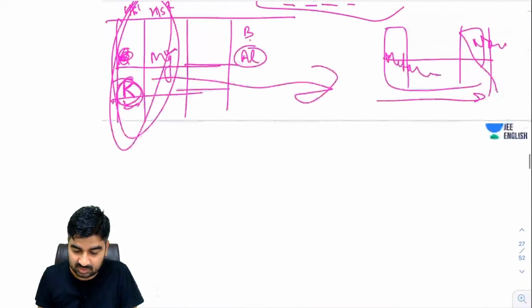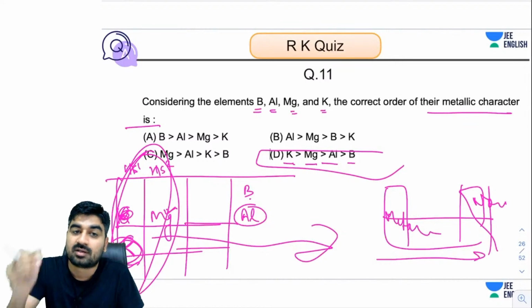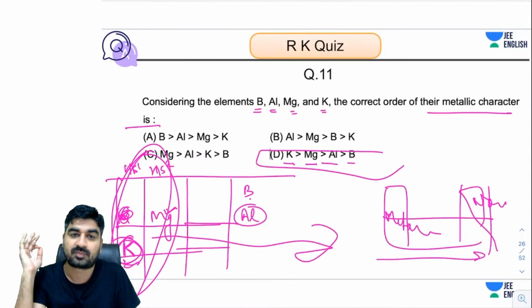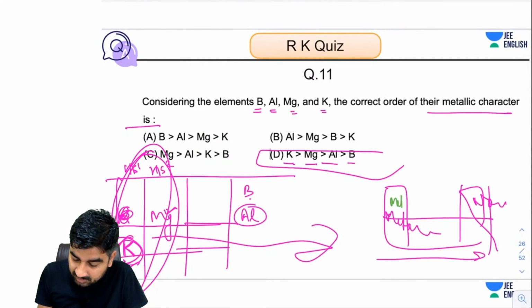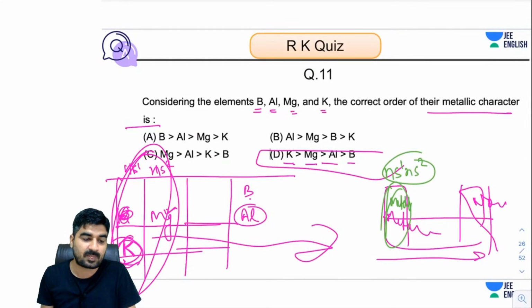So in the last question also, I told you what metallic character was. It basically represents the tendency to lose electrons. So in the periodic table we say that metals lie here, because the elements present here generally have a configuration like this. So they can easily lose electrons, right?